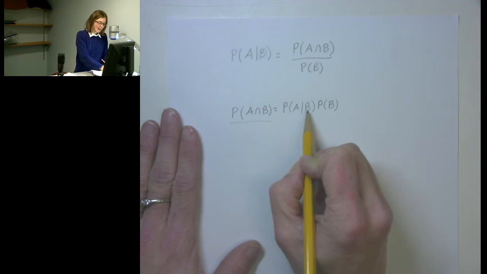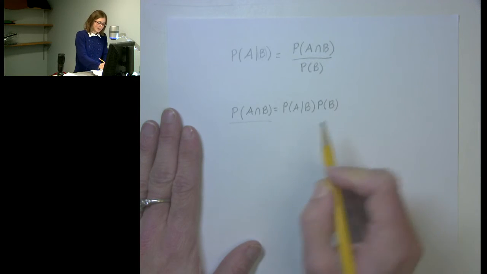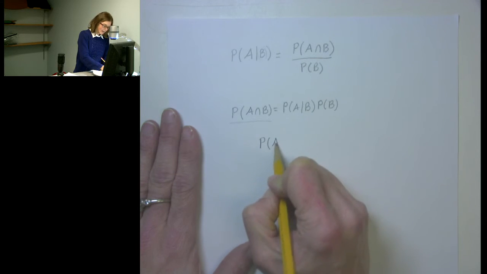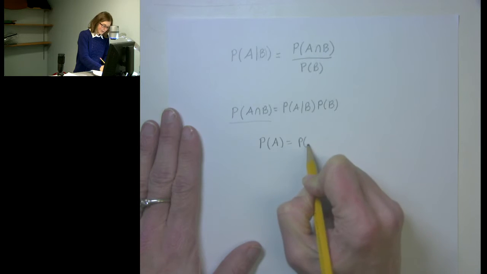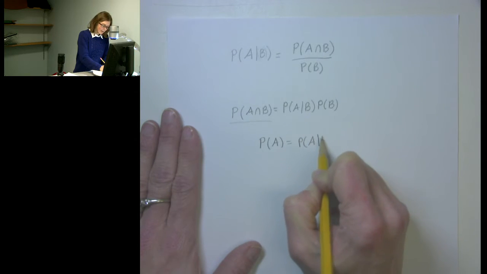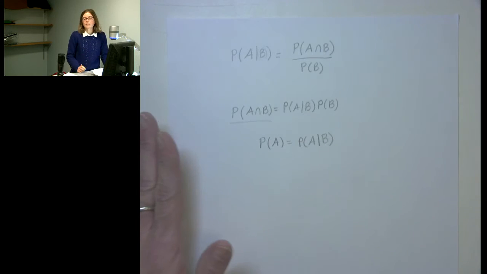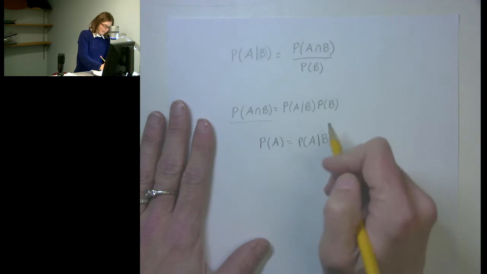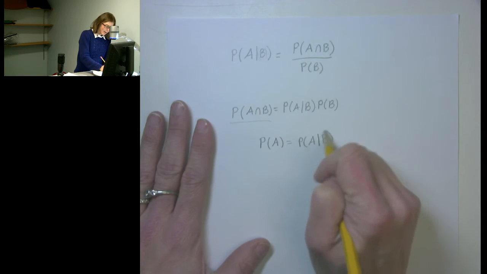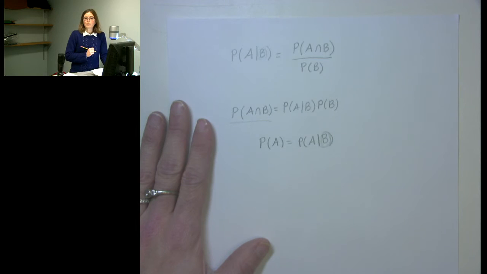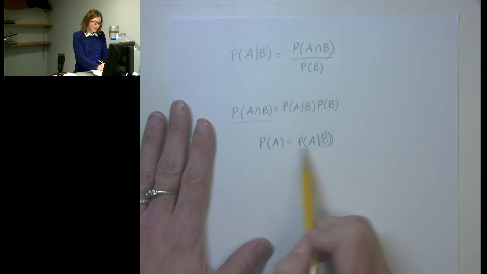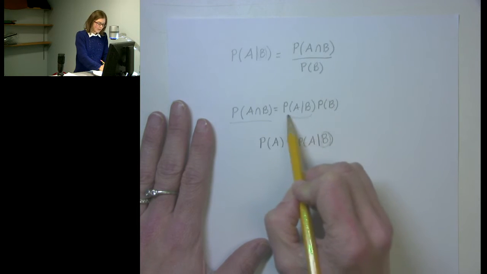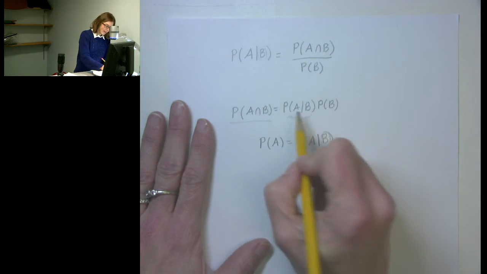Because if the probability of A given B is equal to the probability of A, then what this means is that knowing what happens with event B, whether it occurs or not, tells you nothing about whether or not event A happens. So this will only be true if A and B are independent.